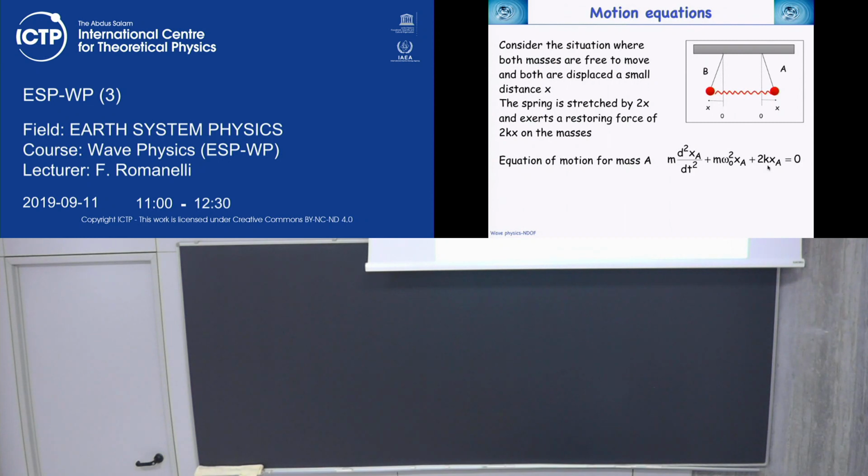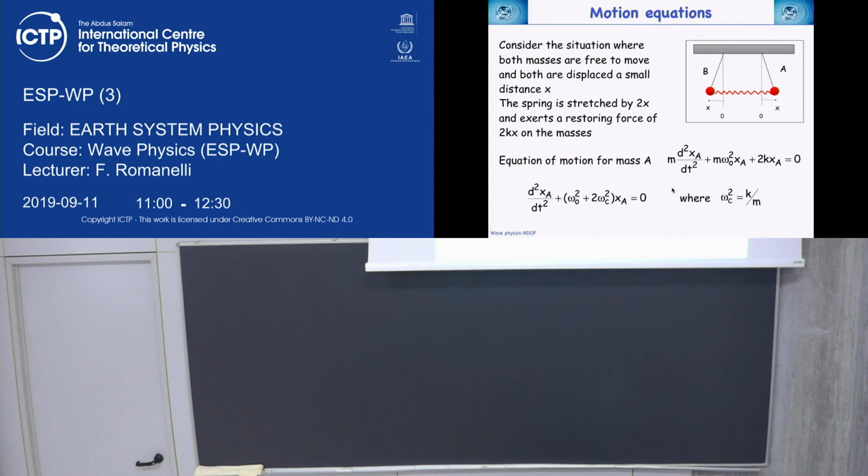It's just Newton's law, what we discussed on Monday, plus this. Now it's an additional restoring force. Now if the restoring force is larger, the frequency of the oscillation will be different and it will be higher. Because it's like having an additional restoring force at any time. So the frequency of this second normal mode will be different and higher.